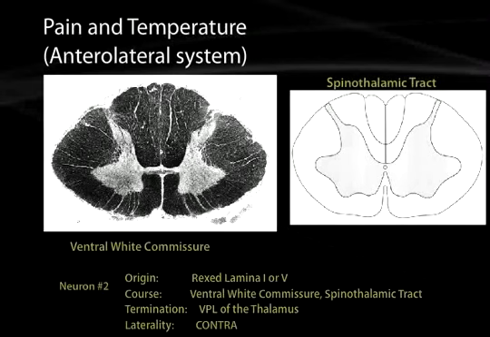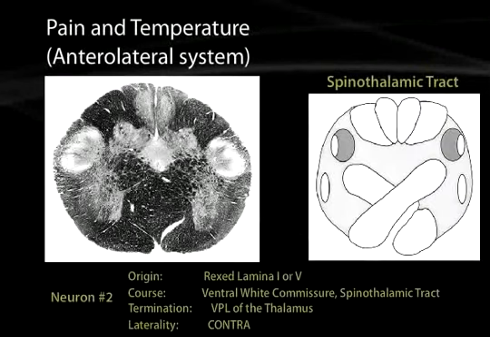It crosses over the ventral white commissure to form the spinothalamic tract, and it's going to go on its way to the VPL of the thalamus, ventral posterior lateral nucleus of the thalamus, where the third order neuron will be. The first order neuron of this system starts in the dorsal root ganglion, just like for the dorsal column medial lemniscus system. Already within the spinal cord, this is representing contralateral information for the body because it crosses as soon as it gets into the cord.